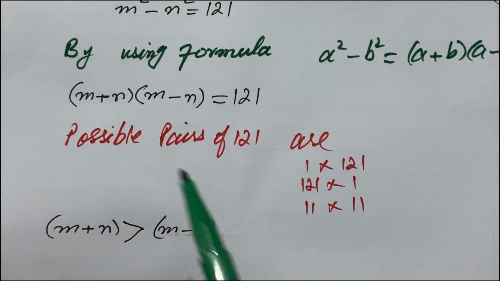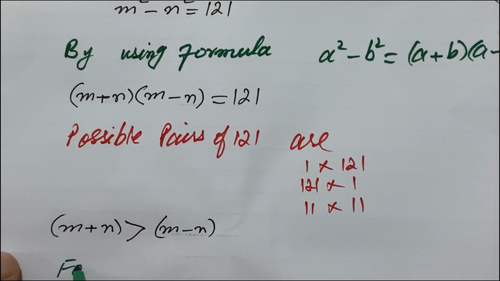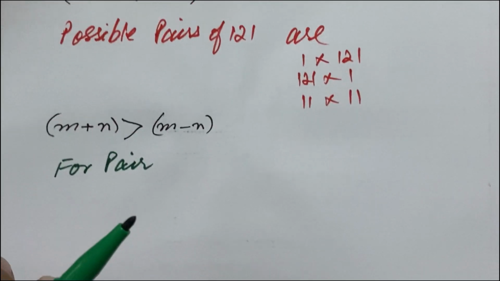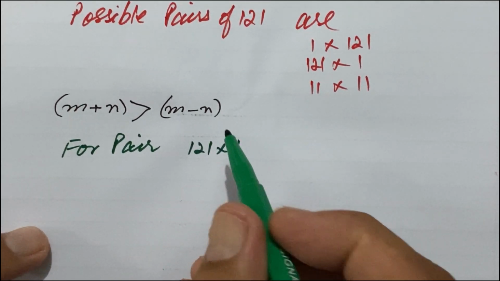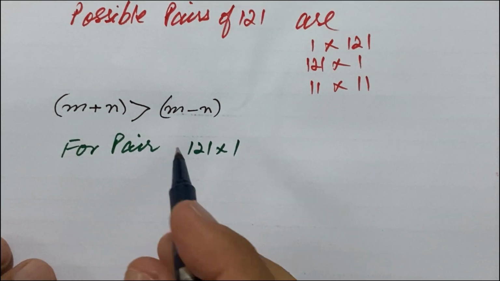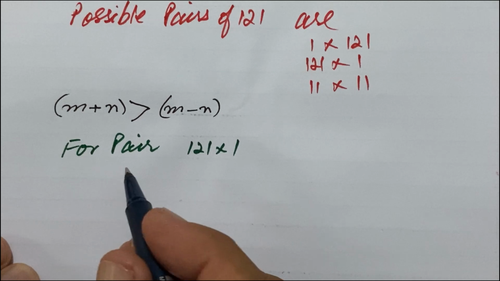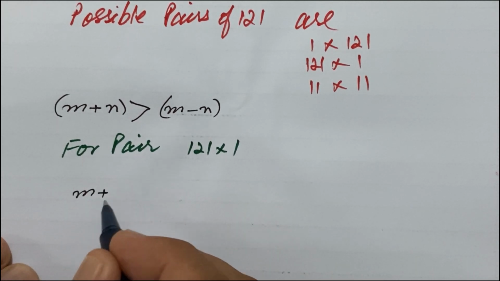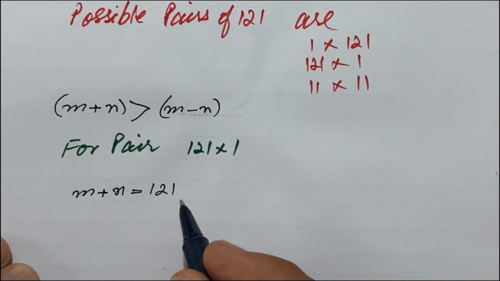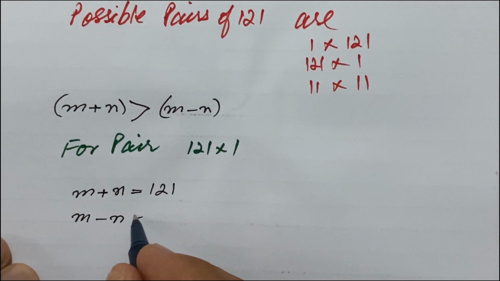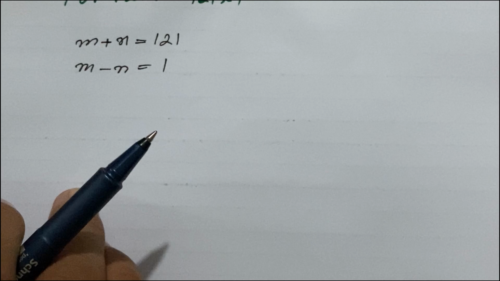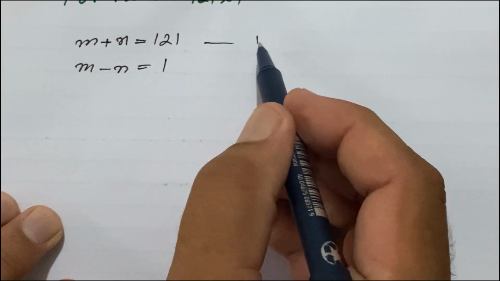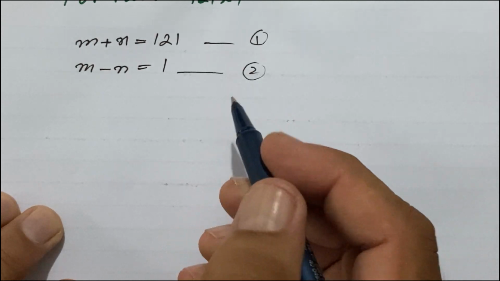Therefore, now for pair 121 into 1, then m plus n is equal to 121, m minus n is equal to 1. Now this is our equation number 1, this is our equation number 2.